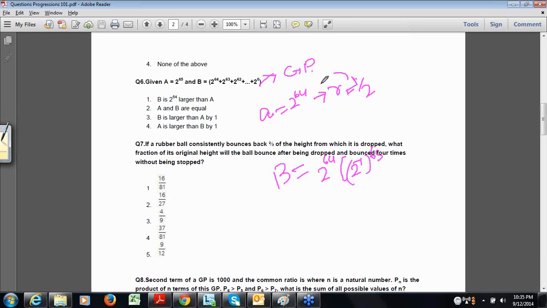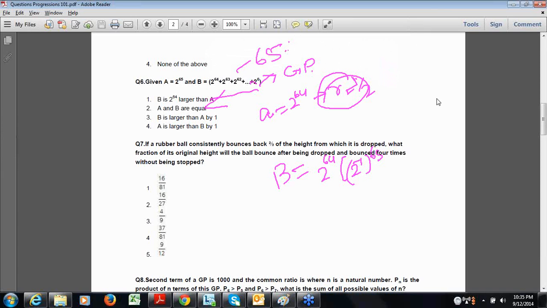Why take r is equal to 1 by 2? We can take it as a different series, from 2 to the power 0 to 2 to the power 64. So it will be 65 terms. That will be even better.